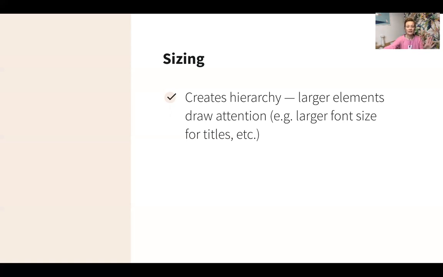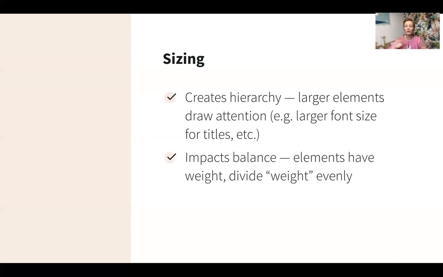Sizing creates hierarchy. It also impacts the balance. Think about when you're creating a layout: all elements on your layout have weight. Larger, darker elements have more weight. Smaller, lighter colored elements, or outlines, have lighter weight.